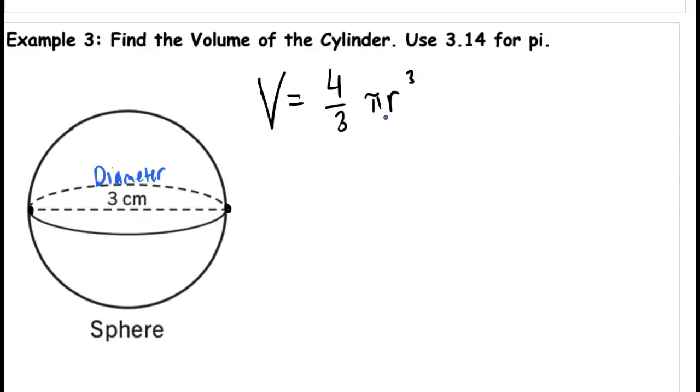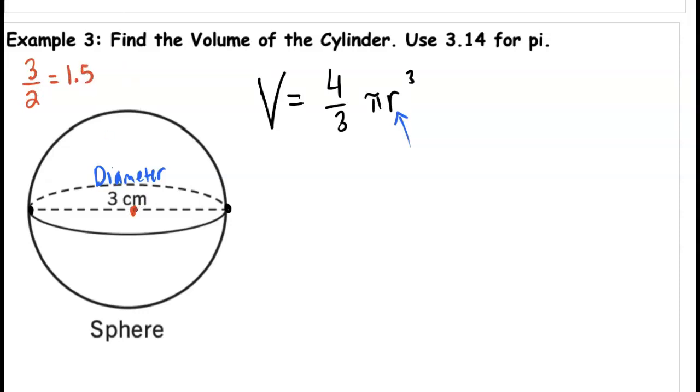Let's go ahead and see what numbers we need to know in order for us to plug it into our formula. We need to know the radius. So this number is not the radius, and the way that I find the radius would be dividing that diameter by 2. So 3 divided by 2, that's going to give us a 1.5.